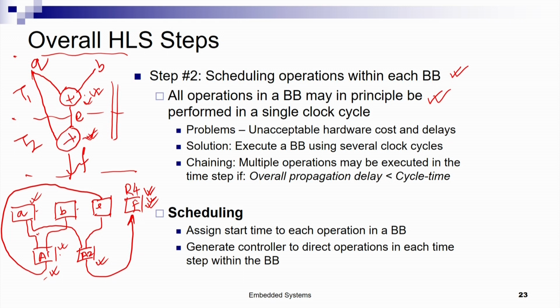Because we need to have a crisp time at which we will have this E value output, and this output will be stored in a register by the end of time step 1, so that we will have a stable output at the beginning of time step 2, and we will produce this F.